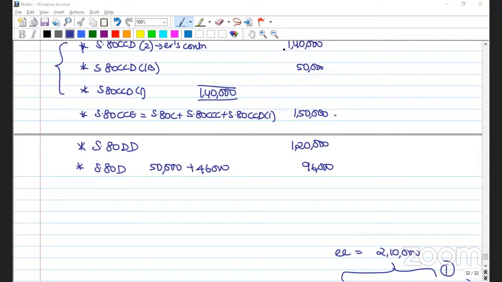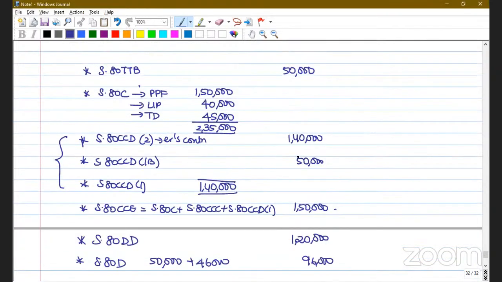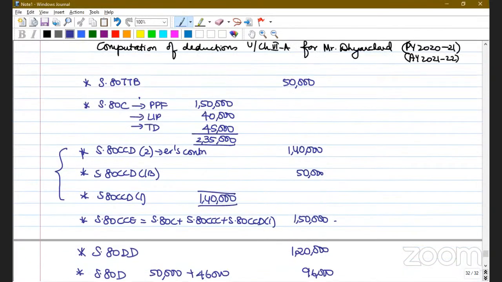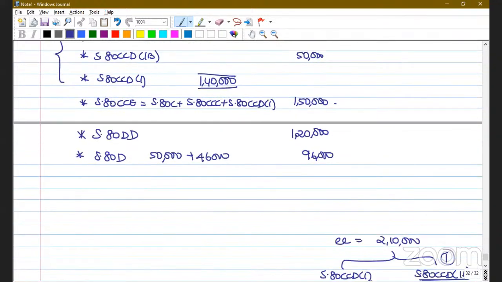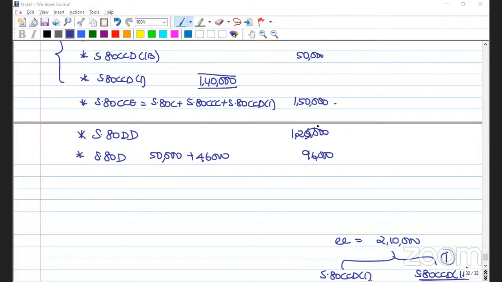Now add up what is the total chapter 6A deduction that you get. 80TTB 50,000, 80CCD subsection 2 1,40,000, 80CCD 1B 50,000, 80CCE 1,50,000, 80DD 1,20,000, and 80D 96,000. 80DD should be 1,25,000.